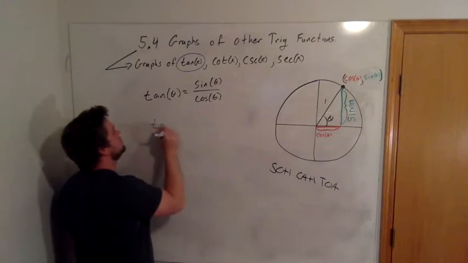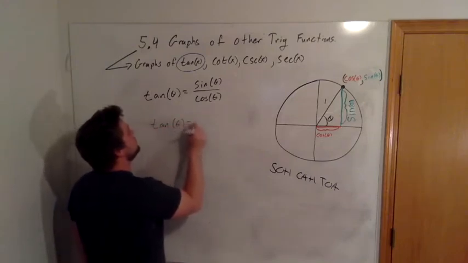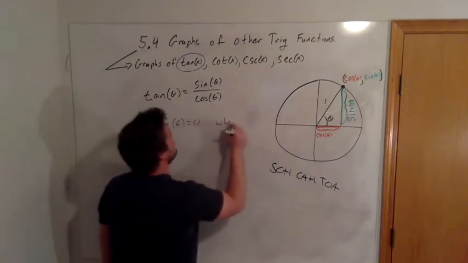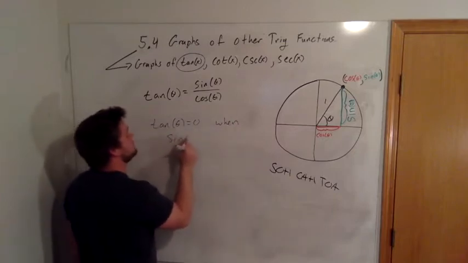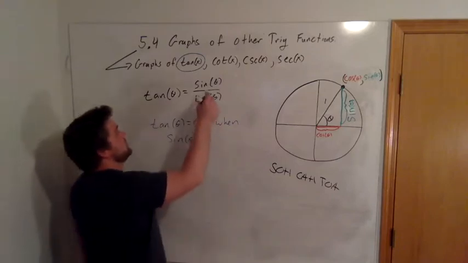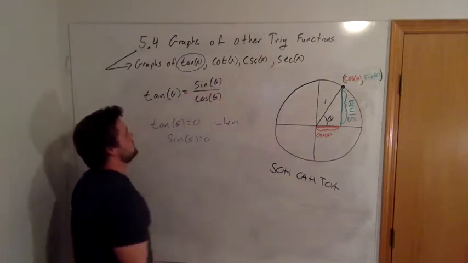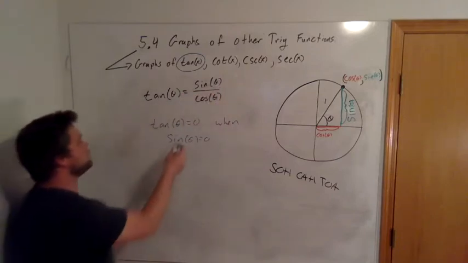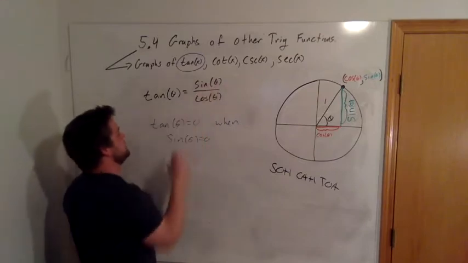So tangent of theta will be equal to 0 when sine of theta is equal to 0. If I think about the ratio, when I have a numerator of 0, tangent will be 0.